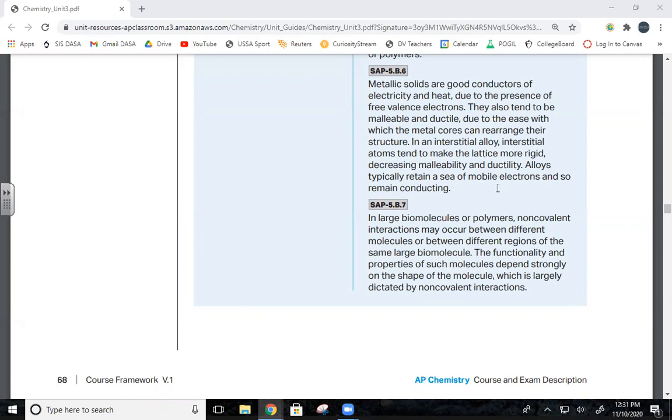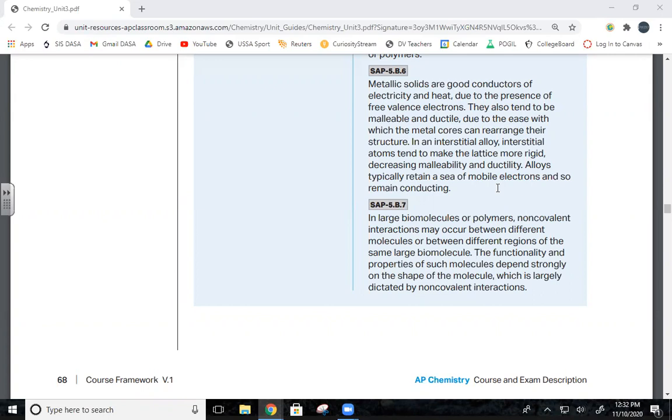So let's take that example again of titanium and zinc alloy. Because the titanium has the larger atomic radius and the zinc fits in between them, the zinc makes it so that the titanium atoms can't move as freely. It makes it stronger, less ductile, less malleable.